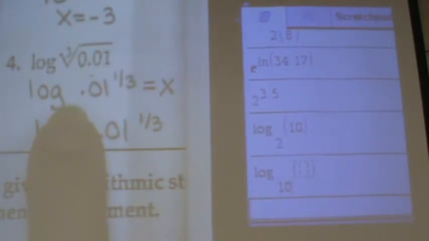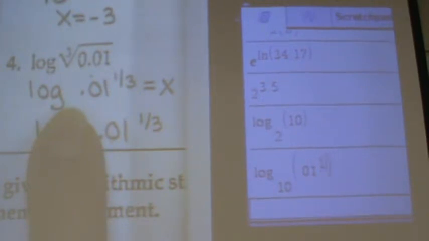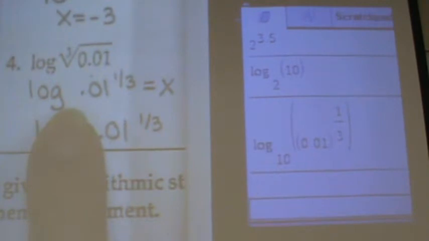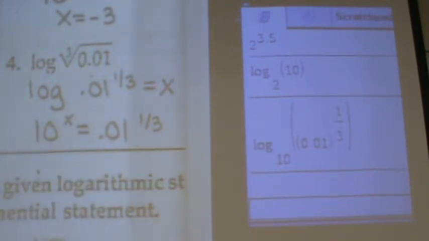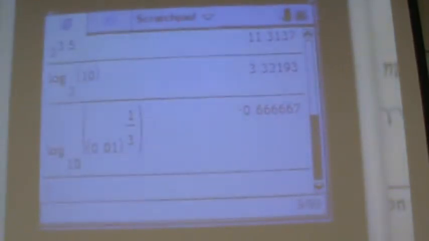There you go. So do 0.01 and then power, and then 1 divided by 3, and you get negative 0.66, which is negative 2/3. Okay?